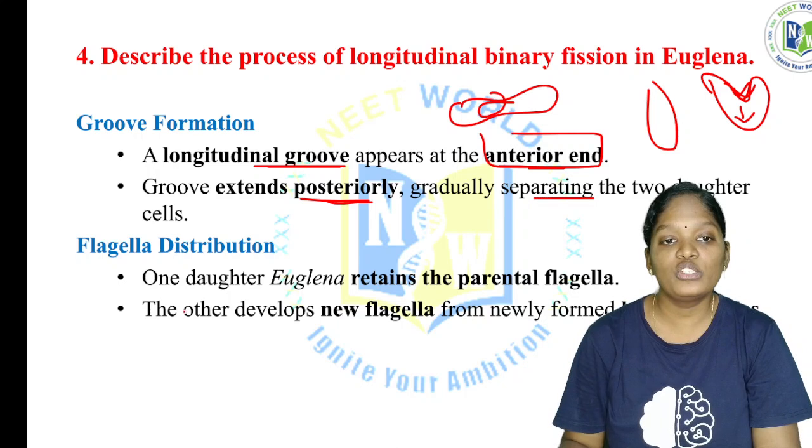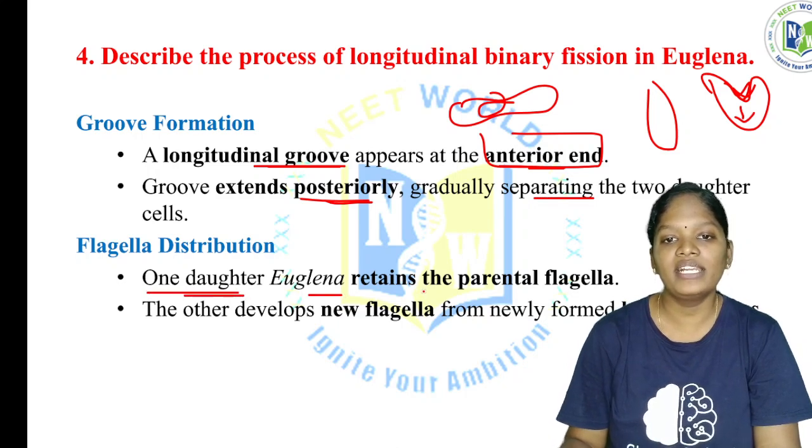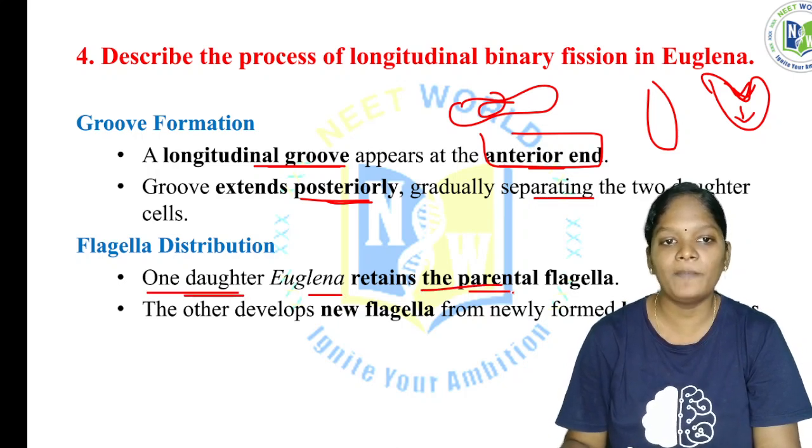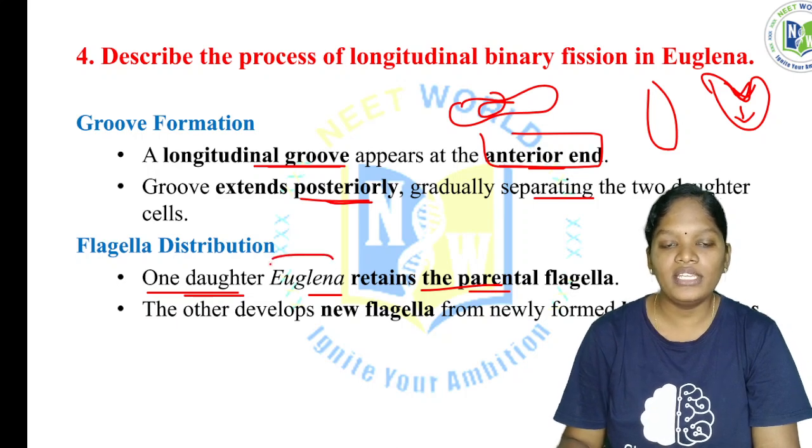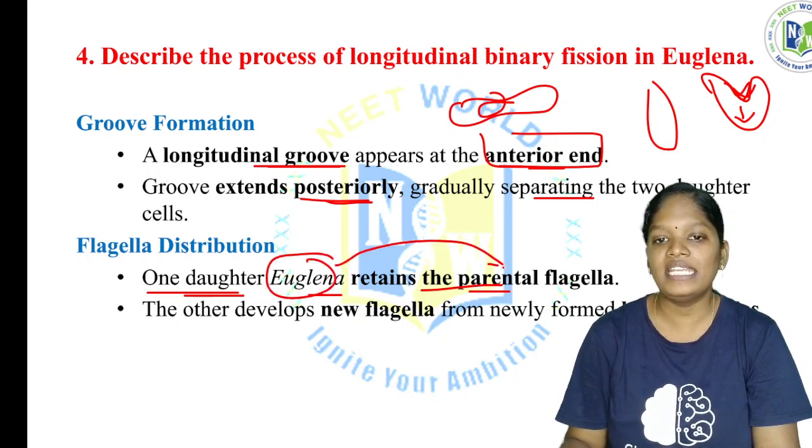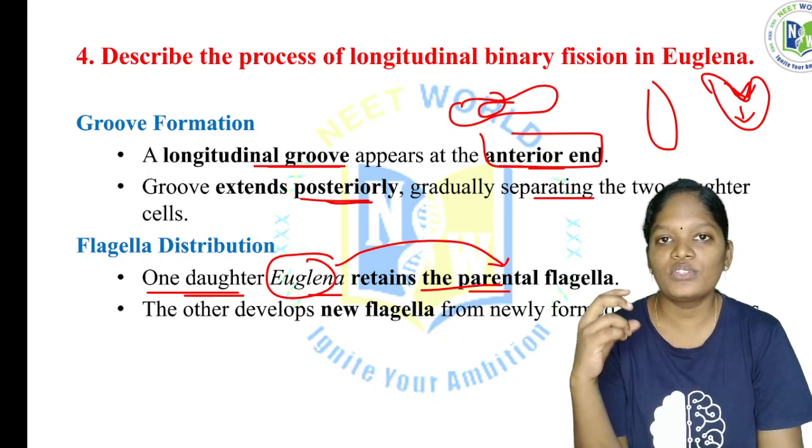Flagellar distribution: here one daughter Euglena retains the parental flagella, because one single body gives rise to two.